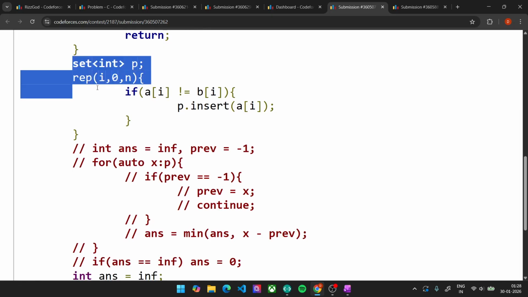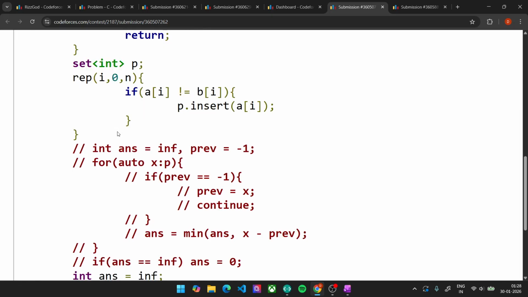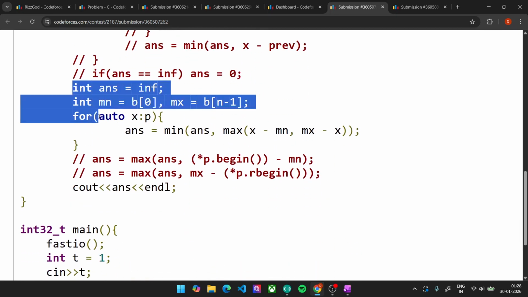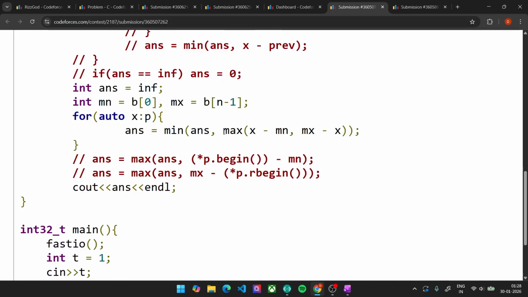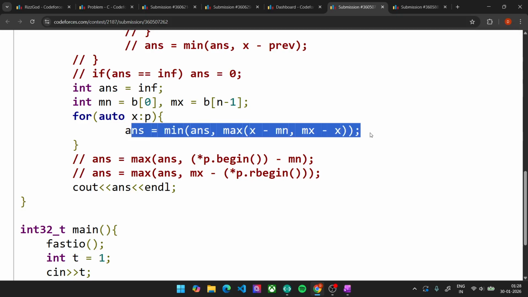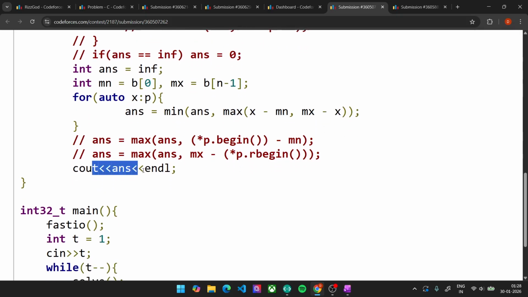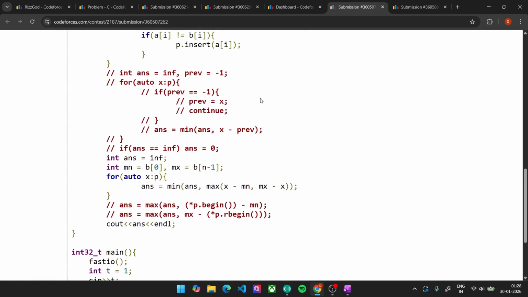Otherwise, if they are not in the right position, I'm just checking its distance with the minimum and its distance with the maximum. So I'll take the maximum of those two, and for all these indices, I'm going to take the minimum of this value. And then I'm just printing my answer.